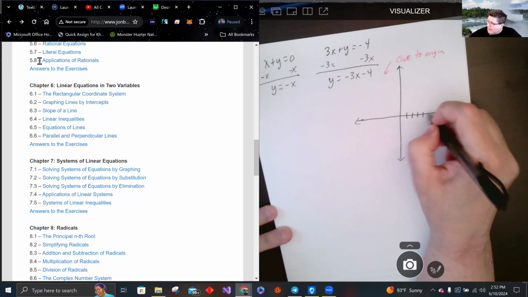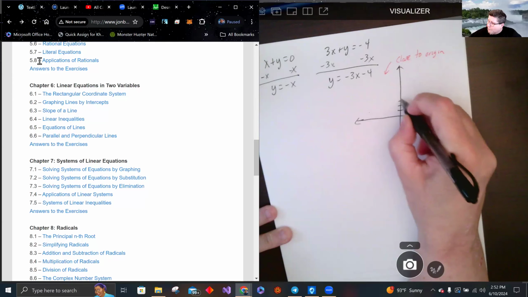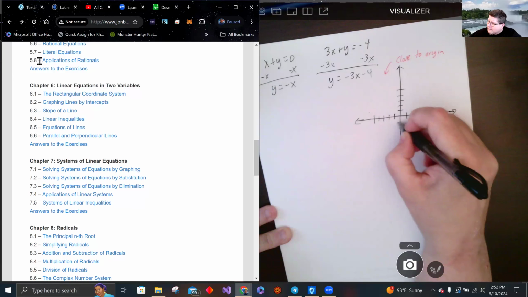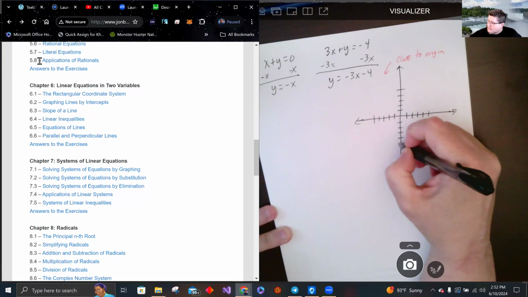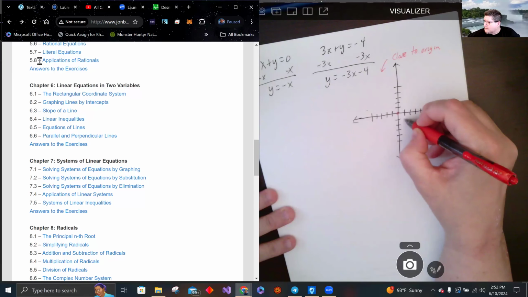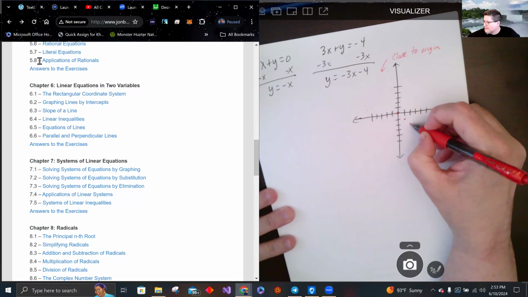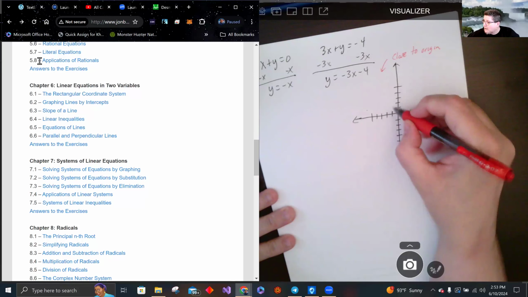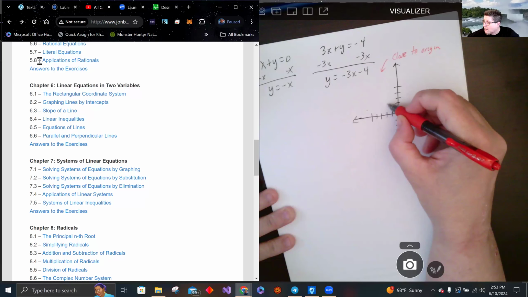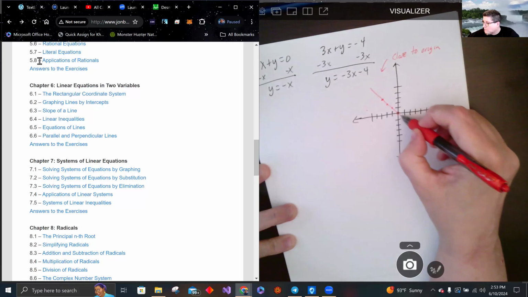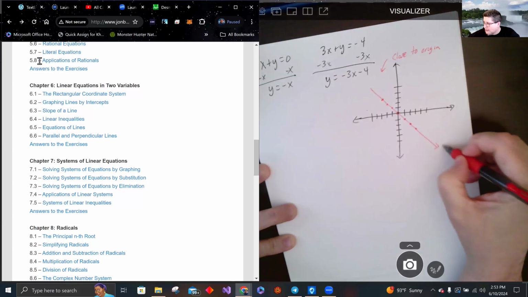All right, equation 1 in red starts at the origin. The y-intercept is 0, and it has a slope of -1. So that's L1.